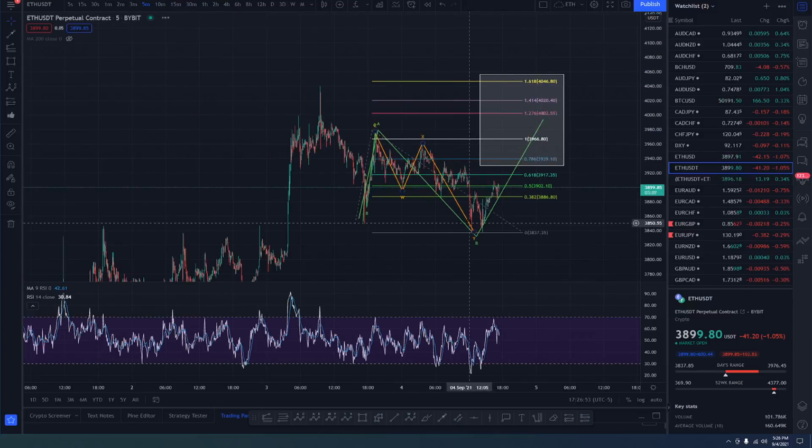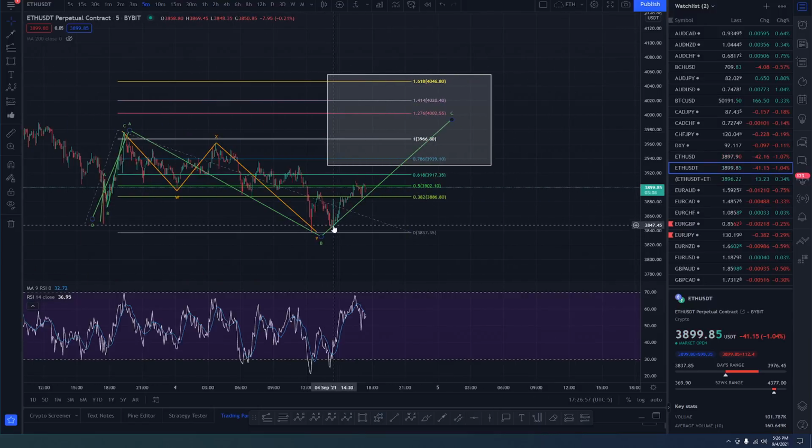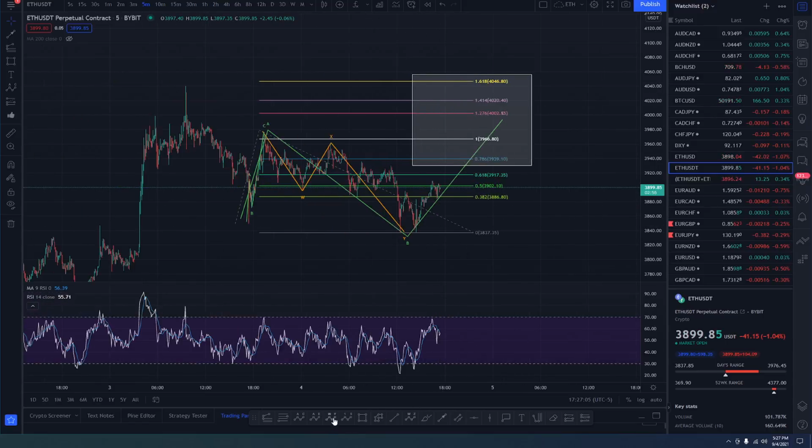The key is you're looking for 5 waves. So you see how we got a 1 2 here? Now we're looking for the 3rd wave to continue and finish. So that lets you know we got a 1 2, looking for a 3rd wave somewhere up here, then 3, 4, and 5. So we're in the middle of the 3rd wave.